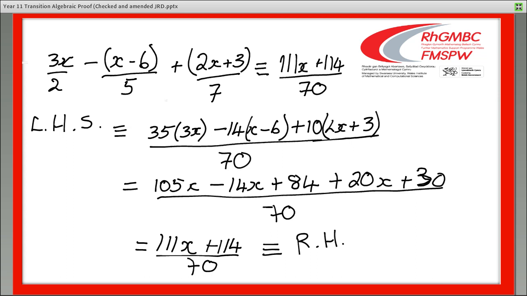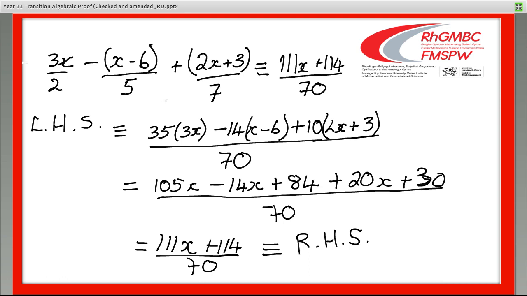And if you go back to the start of the question, you'll say, oh, hold on, that is equivalent to the right hand side. And that is a very valid proof, proving that the left hand side can be written as the right hand side.